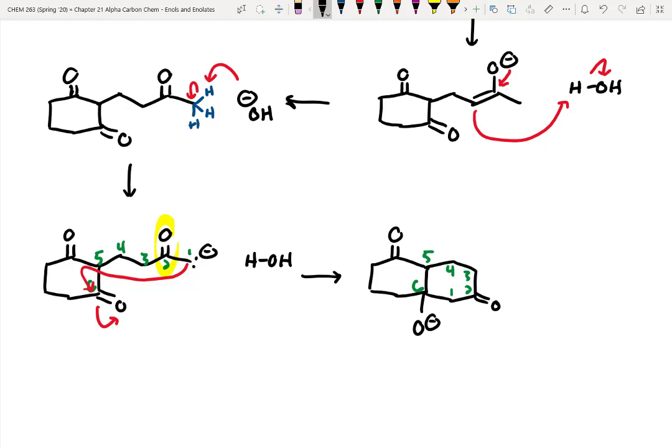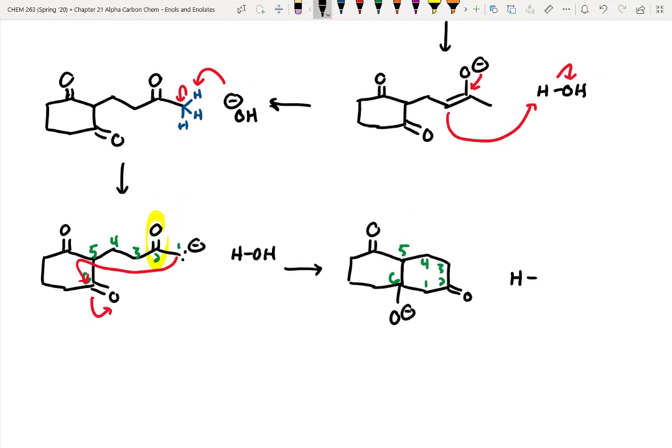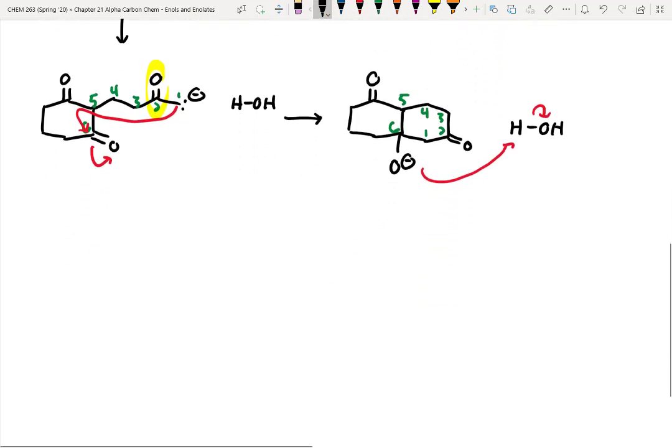All right, but at this point, we're not quite at our aldol addition product because this intermediate is not neutral. So what we need to do is make it neutral by stealing the proton back from water. So we're just going to have this alkoxide steal that proton back.